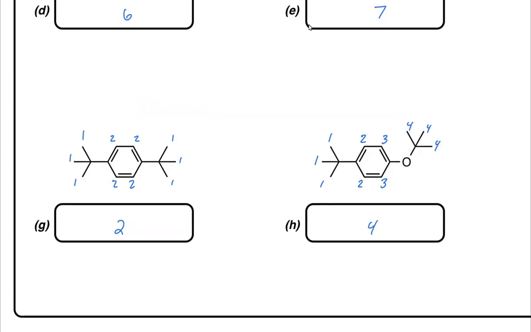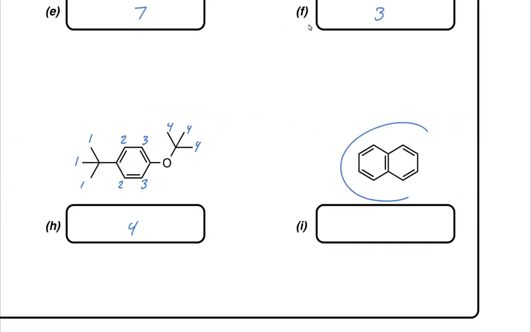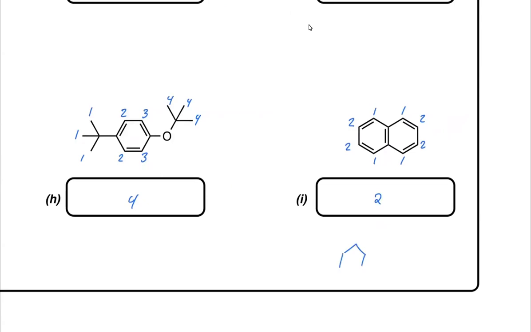All right. And finally, looking at this ring here, there is an overarching symmetry in this direction and in this direction. And because of that, we'll have 1, 1, 1, 1, 2, 2, 2, and 2. Total of 2 signals. Now, for just being comprehensive and showing you another example, let's say that the ring were substituted like this, such that there's only symmetry in this direction, but not in that direction.